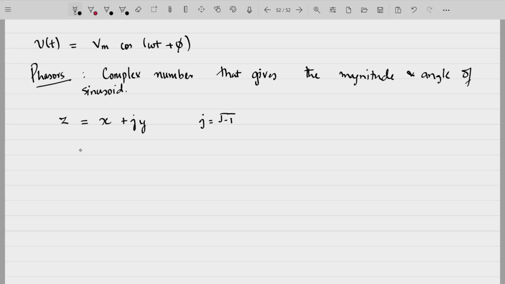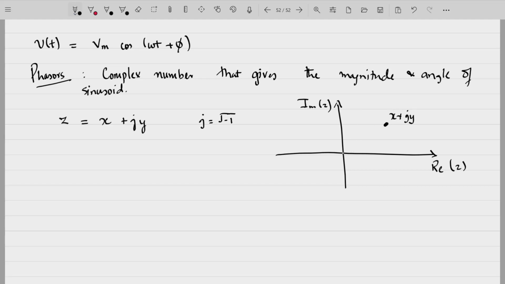Associated with this complex number is the magnitude and the angle. On a complex plane, we can represent any number x plus jy, where your x-axis represents the real part of z and your y-axis represents the imaginary part of z.